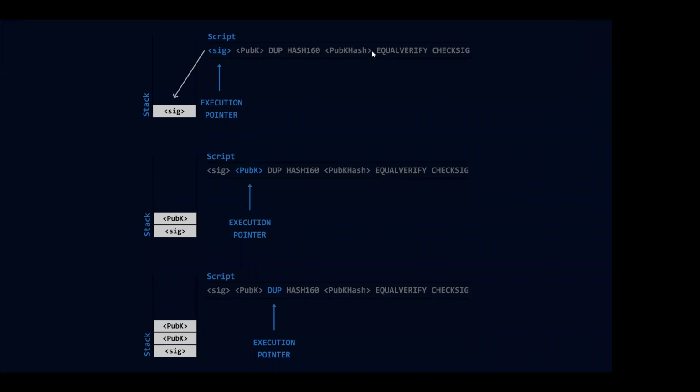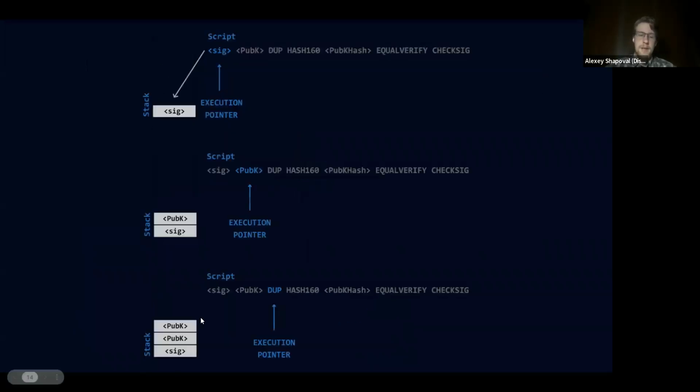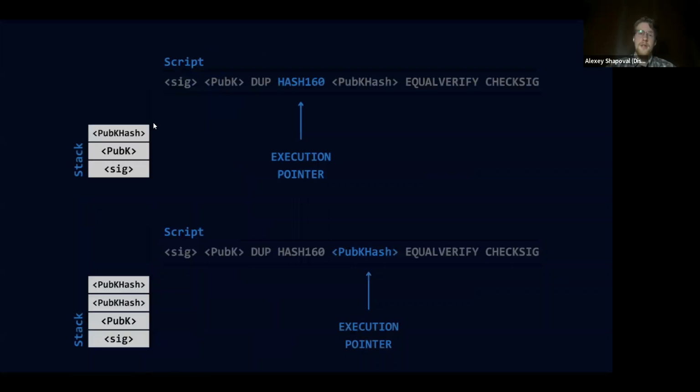They are not the result of operations. So we put two public keys, a duplicated public key, so we have two of them. Then we apply the hashing, and the hashing applies to the top element. So this public key at the top turns into a public key hash.